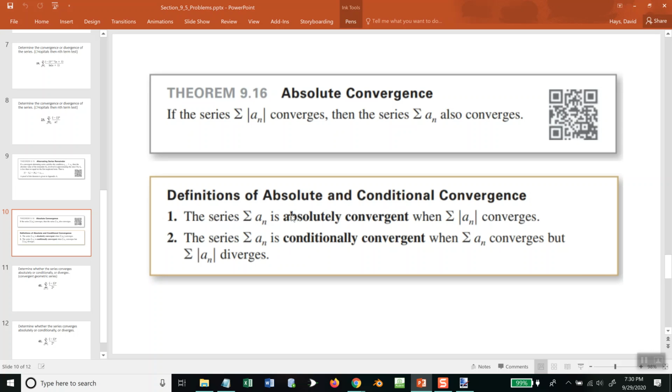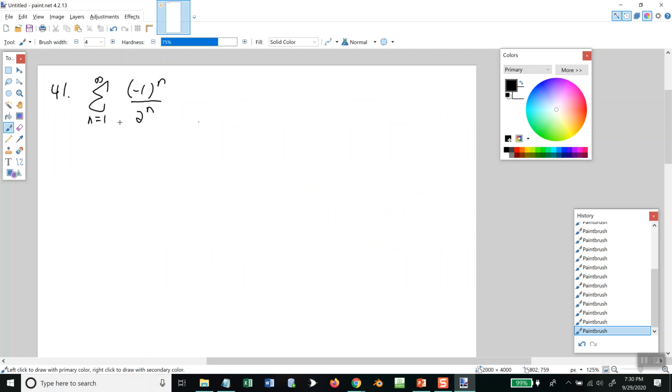So if we look at the absolute value, that right there, what happens to a -1 to any power?